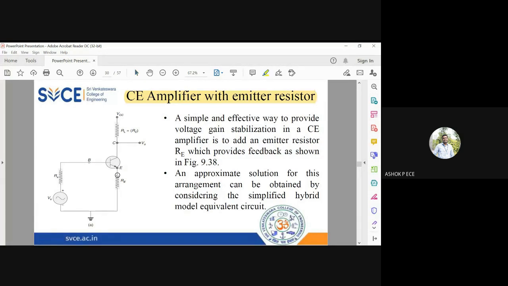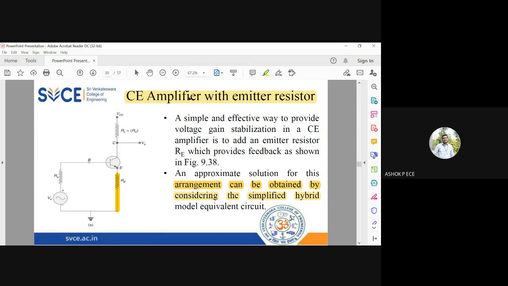By adding this RE, the stability factor will be somewhat reduced. So by adding this fixed resistance RE at the emitter side, I can reduce the stability factor by some amount, thereby making my transistor more stable, and the operating point will also be fixed.